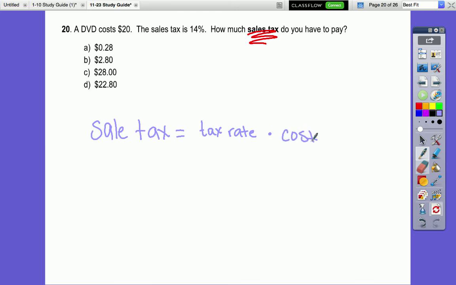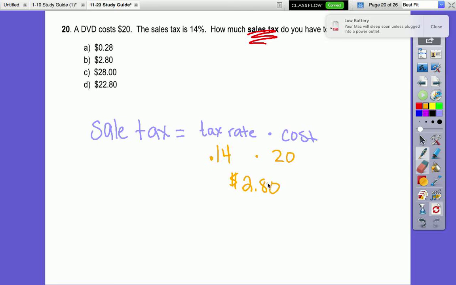So our tax rate here is 14% times our cost of $20. So 14% of $20 is $2.80. If you put it in your calculator and it comes up with 2.8, you need to add a zero. You're dealing with money. $2.80.